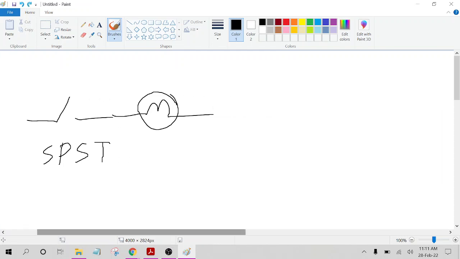Now let me give you an example of SPDT switch. This one is SPDT switch.